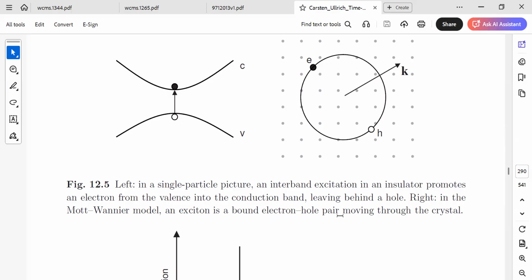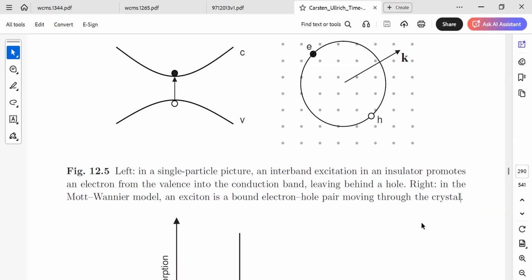The creation of this electron-hole pair in a crystal is termed the excitation of this system, and this excitation of the system is actually called the exciton.